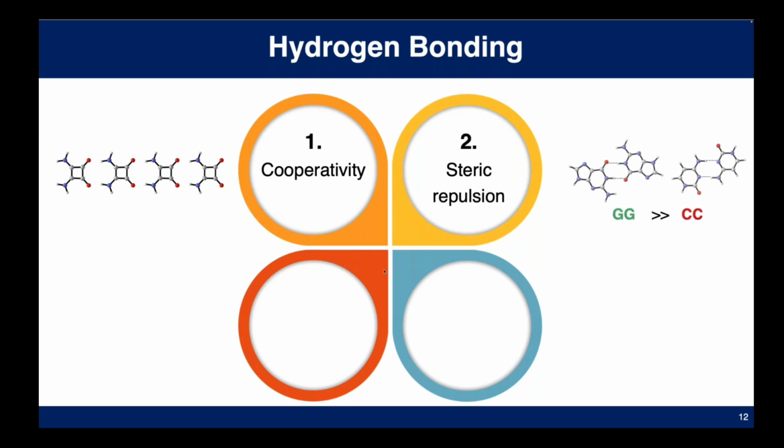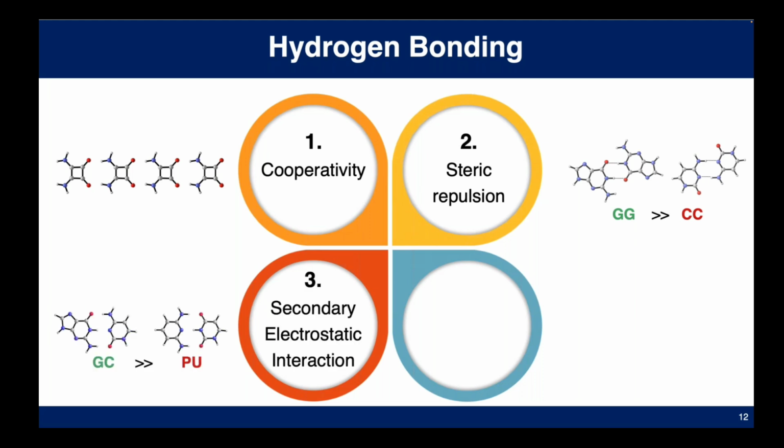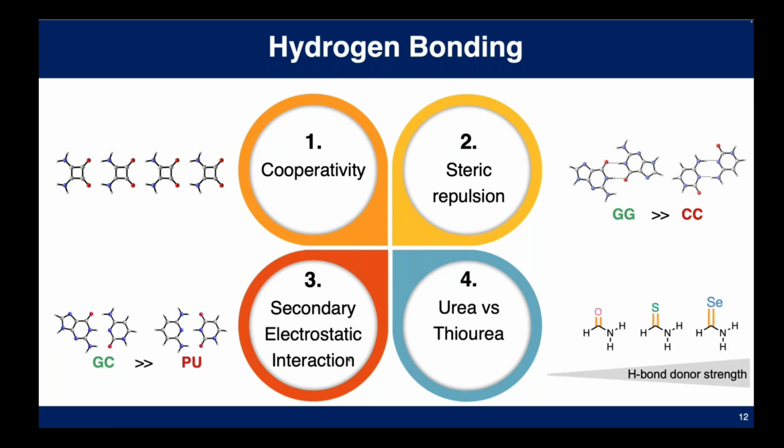I will show you that steric repulsion, so the Pauli principle, can also be the reason why a certain dimer has stronger bonds than another dimer. I will show you that we explained for the first time how the secondary electrostatic interaction works, a model that is widely used in supramolecular chemistry. And I will show you why urea and thiourea differ in hydrogen bond strength.